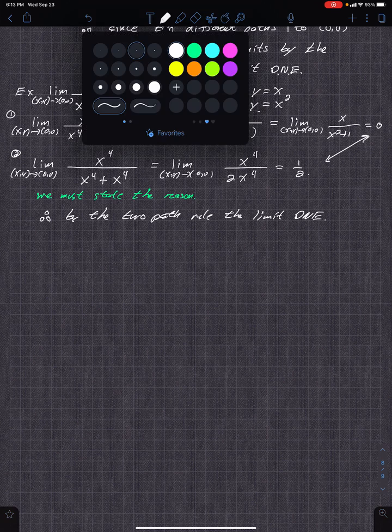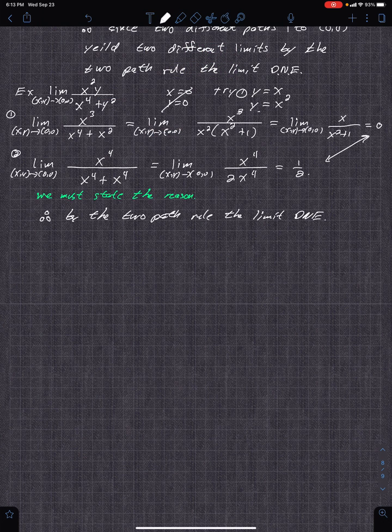Another one that comes up is you approach on any line through the origin, or if it's not through the origin, you make the line go through a point. You could do mx plus b. And then that line you can make go through any point, and different values of the slope will give you different limits.